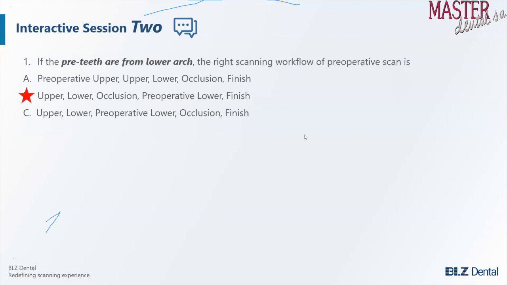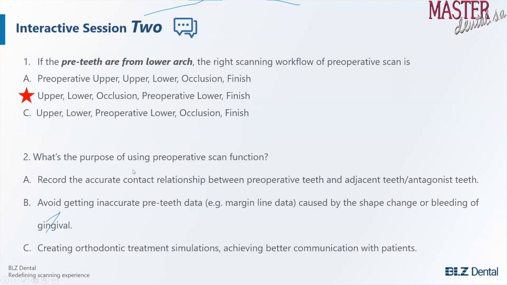Okay, the second question: what's the purpose of using the preoperative scan function? You can think about it. The first choice says record the accurate contact relationship between preoperative teeth and adjacent teeth, or between preoperative teeth and antagonist teeth.